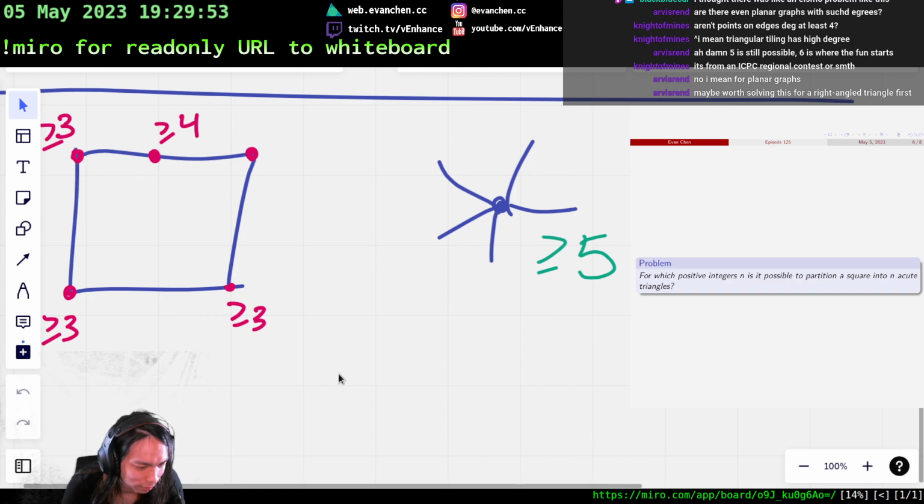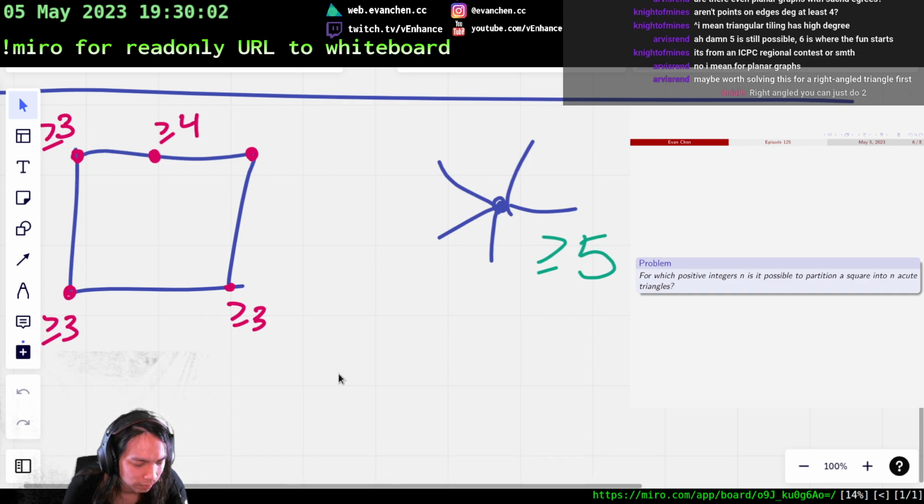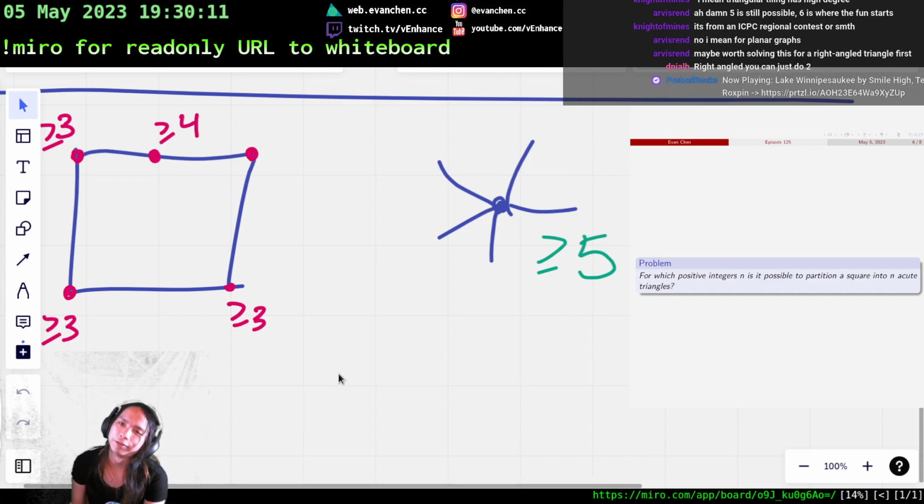Yeah, that is incredibly high degree. With a right angle you can just do 2. I agree, but I don't know how much I believe it, because when you have a right angle, the degree bounds here are completely different.